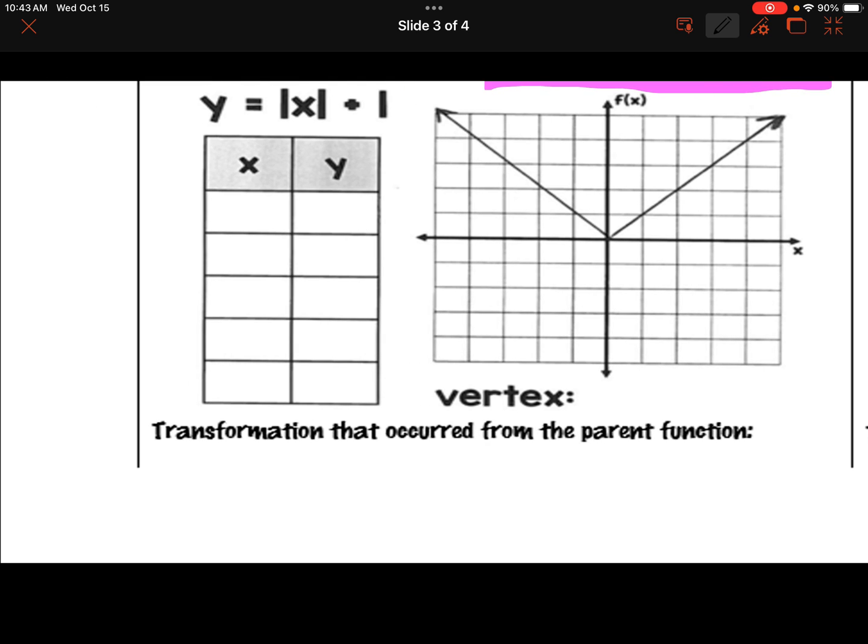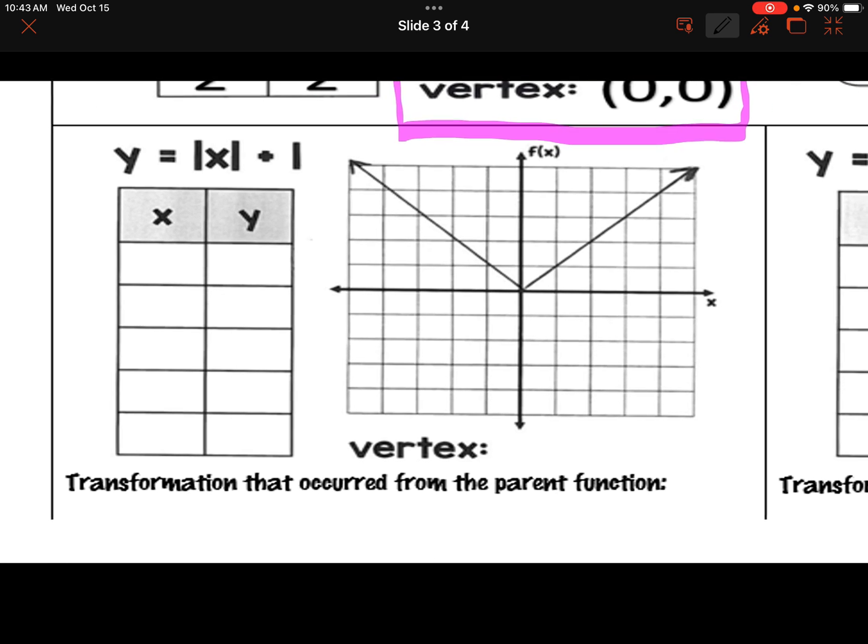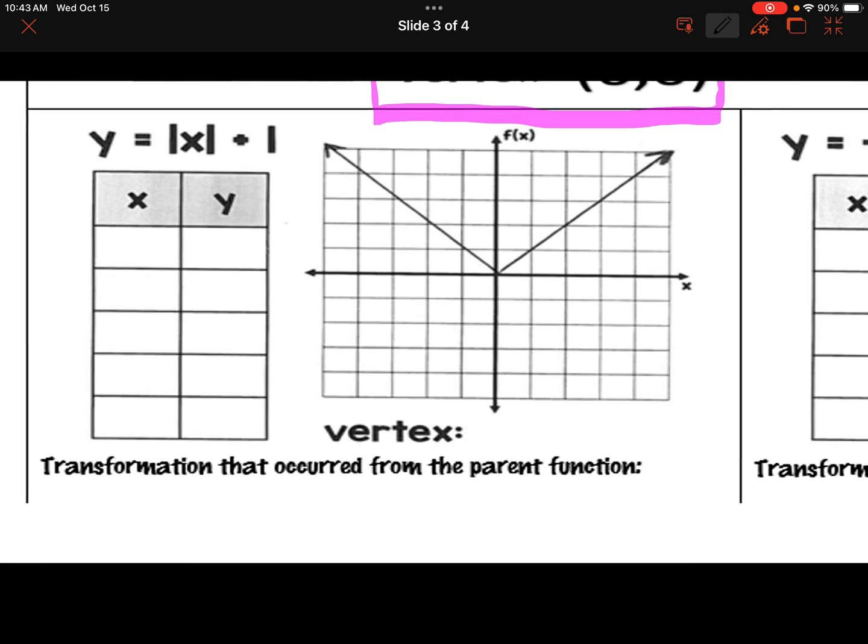All right, so there is no number inside of the x absolute value, so I know that the center is going to be at 0, and then I'm going to pick 2 numbers to the left and 2 numbers to the right. And now I'm just plugging them in for x. So the absolute value of -2 is 2.